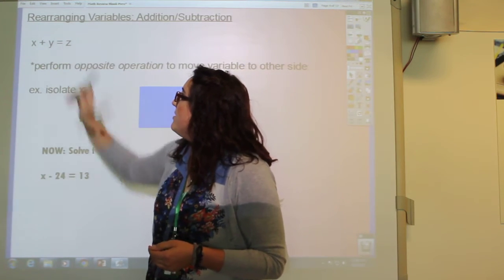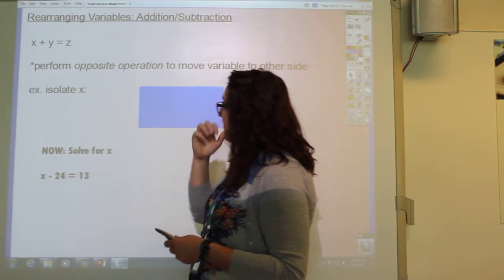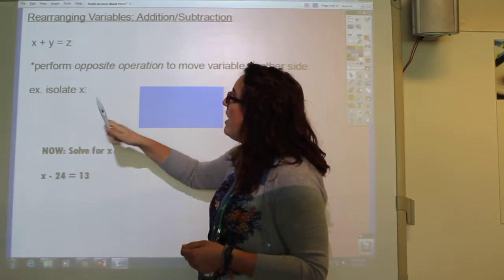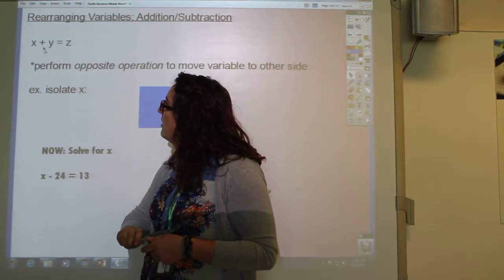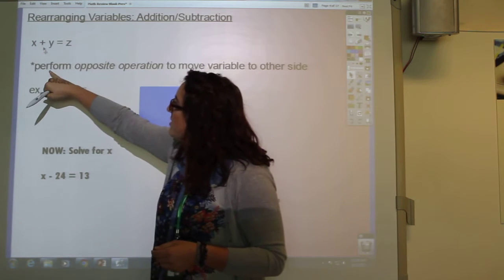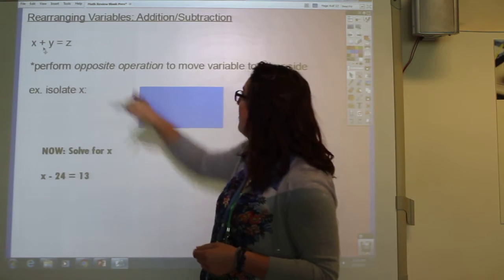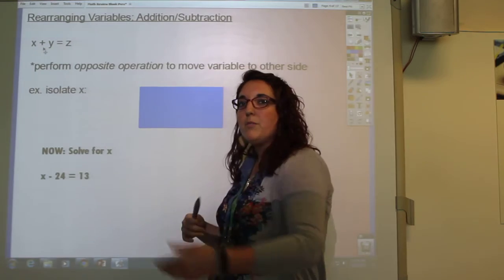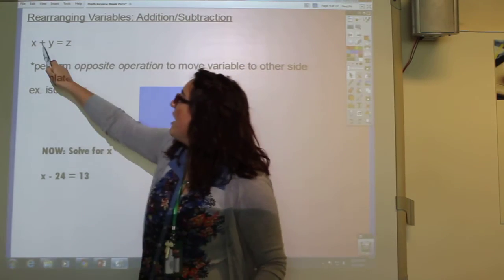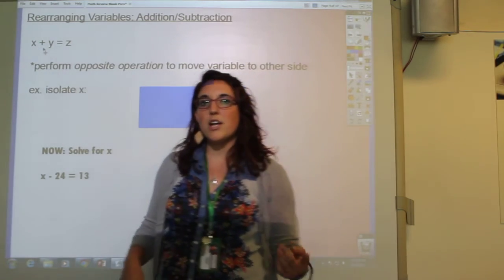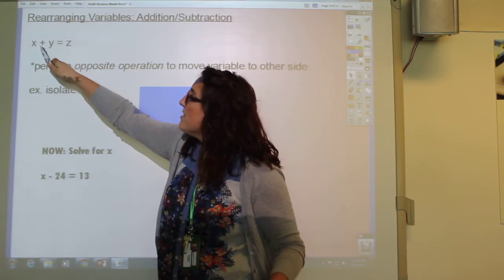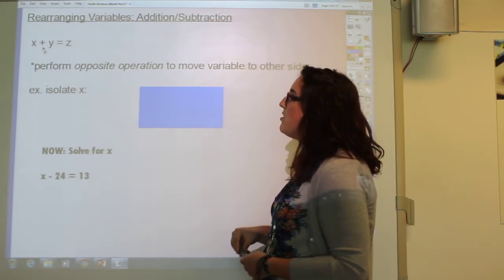We have x, y, and z as our 3 variables. And if we have an addition sign, our note here is that we will perform the opposite operation to be able to move variables to the other side. So if we have addition, we're going to have to use subtraction. If we had a minus sign here, we would use addition to move something to the other side.